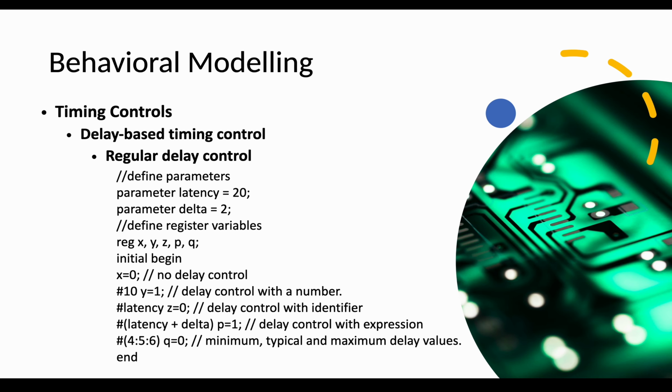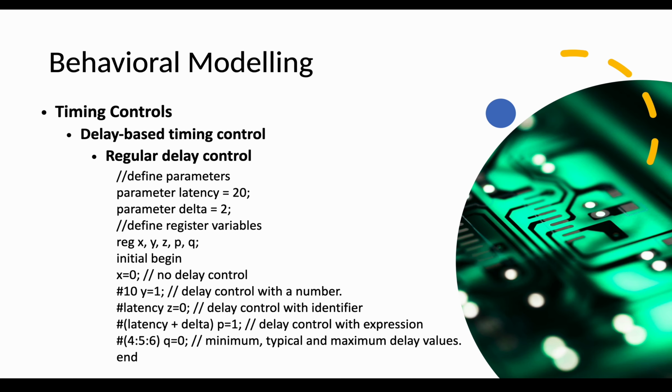That is delay control with a number, that is 10 time units I have given. #latency Z is equal to 0. That latency is a parameter having a value of 20. So delay control with an identifier. #(latency + delta). That is delay control with expression. Then minimum, typical and maximum we can represent using 4:5:6, where 4 is the minimum value, 5 is the typical value, and 6 is the maximum value.